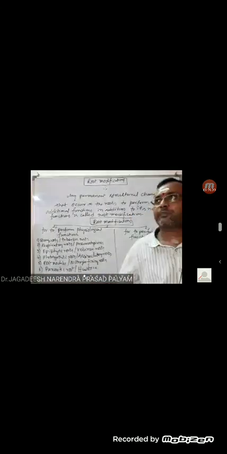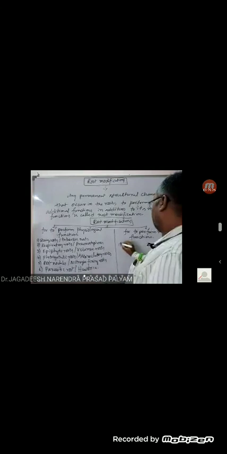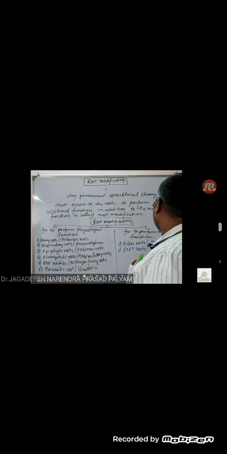Similarly, under mechanical functions also we have different types. Pillar roots or prop roots. Number two, stilt roots or brace roots.